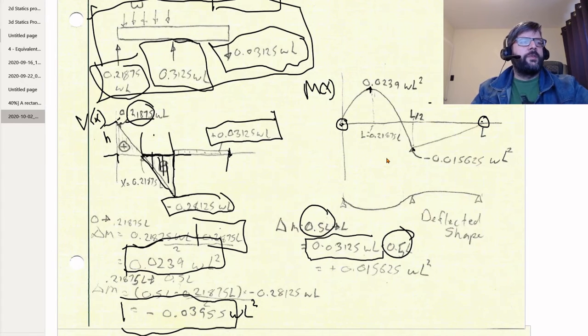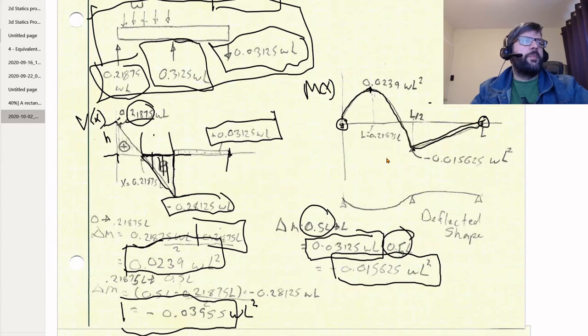So that works out to a positive change of 0.015625 WL squared, which is basically exactly what we expected it to do. So we started off at 0, got up here, dropped down, and then moved back up to 0.